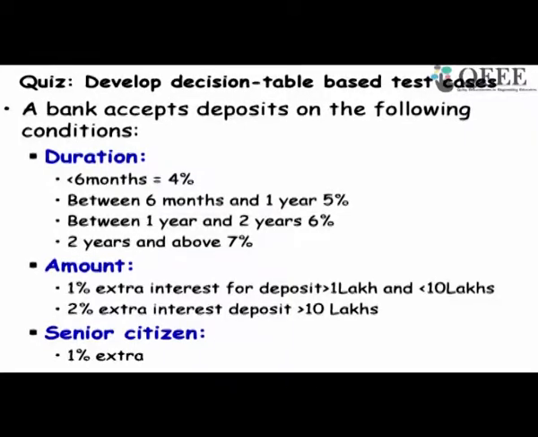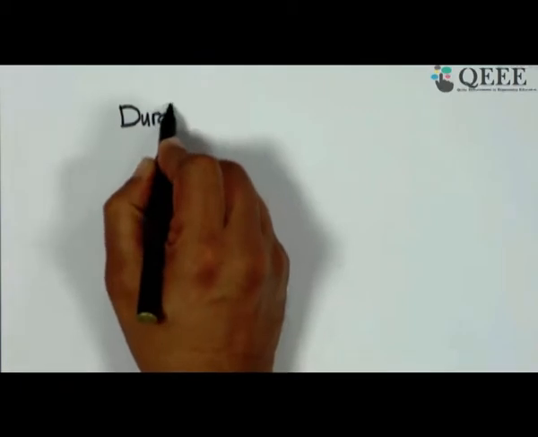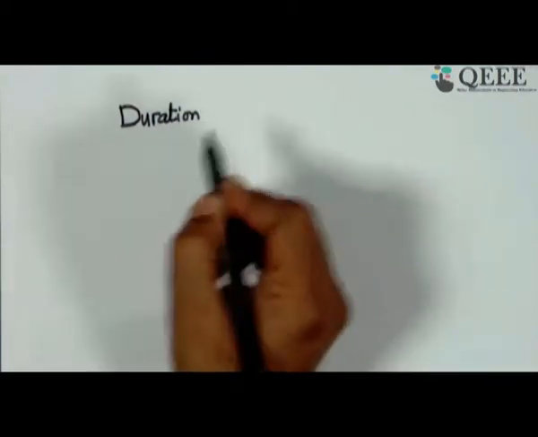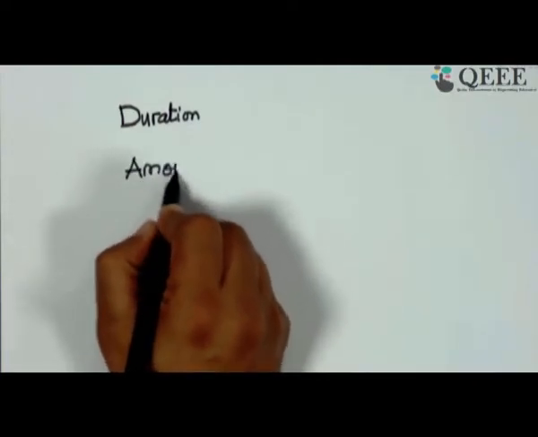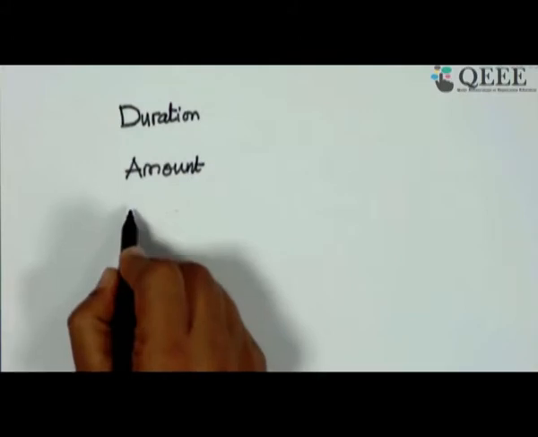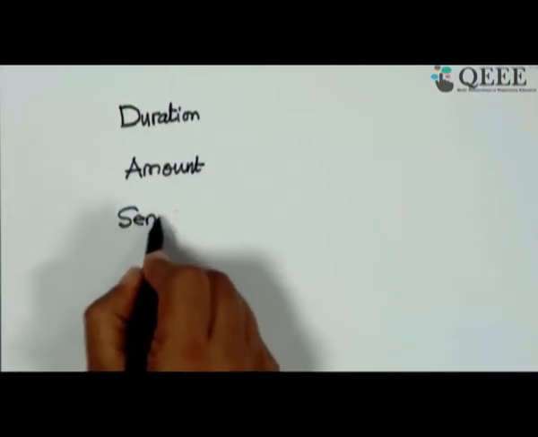Please observe that there are actually 3 conditions which are explicitly mentioned to make it easy to realize. This is the first problem, so it's easy here. We draw the table, and in the top rows of the table we write duration, amount, and whether senior citizen or not.